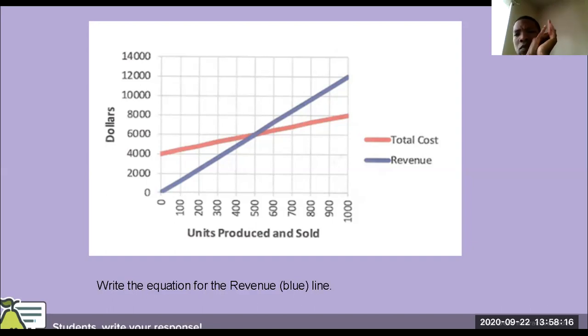We could really look at this graph and say, oh my gosh, what is happening? With this graph, when we're talking about revenue, it talks about the amount of money you're getting back, and it includes everything. So if I'm selling 100 PS4s, whatever money I get back, that's my revenue.